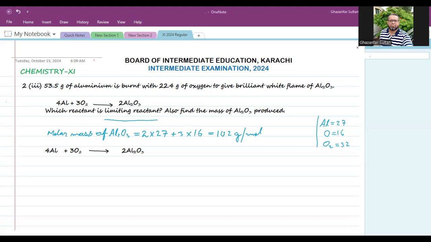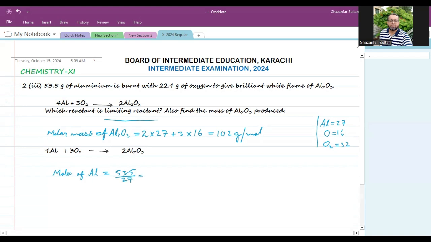So calculate the moles first. Moles of aluminum is equal to the given mass, 53.5, divided by 27. So you should calculate it. It is 1.98 mole.